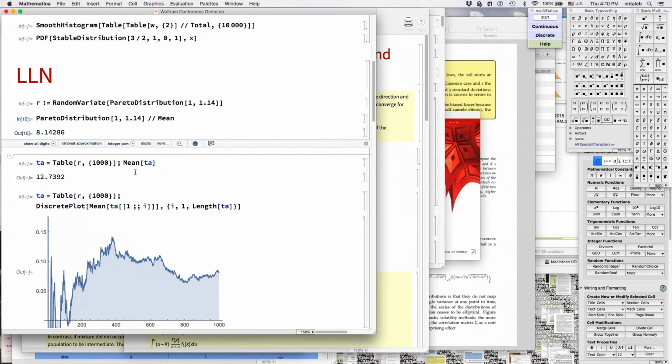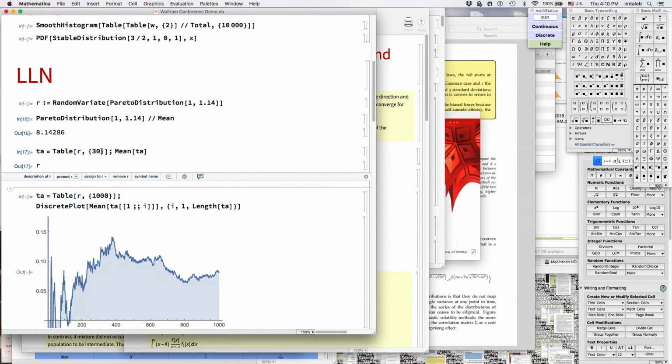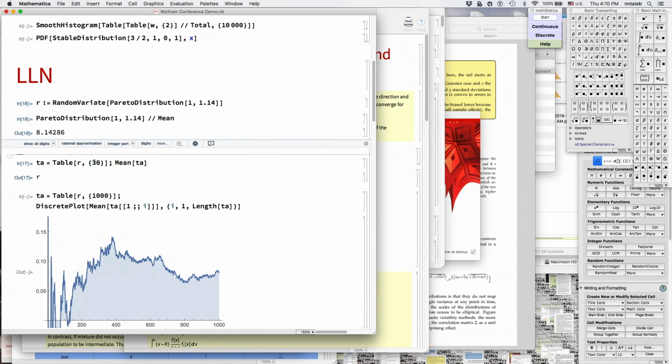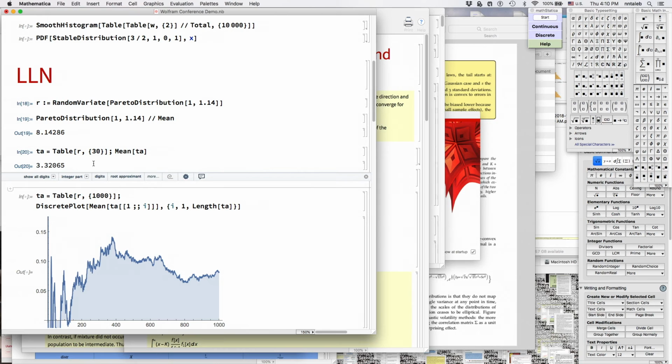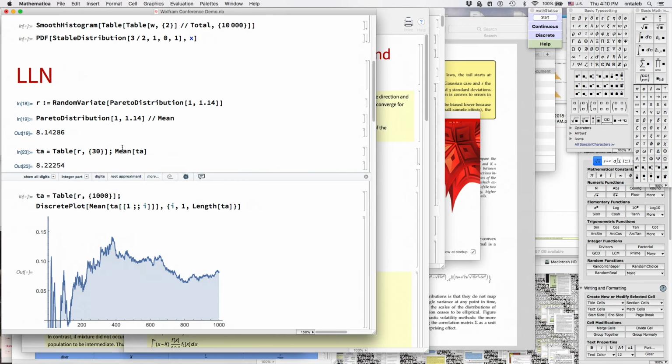Let's start with 30 observations. Run the Pareto. There we go. We got a mean of 3.32. Want to try again? 579. We know what the real mean is, 8.14.